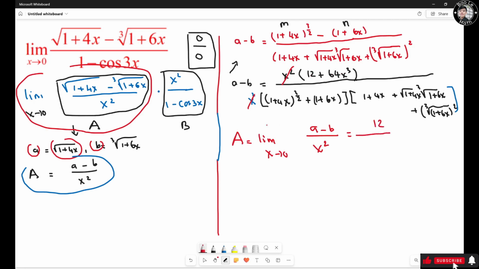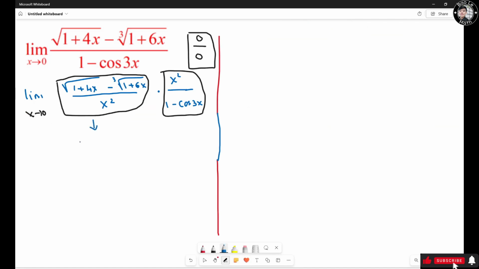The bottom is this one gone, this one gone, so this one is 2, times this one gone, this one gone, this one gone, so you have 1 right here, 1 right here, this one gone, so you have 1 right here, so it should be 3. And this guy turns out to be 2. All right, the answer for this one: a equals 2.